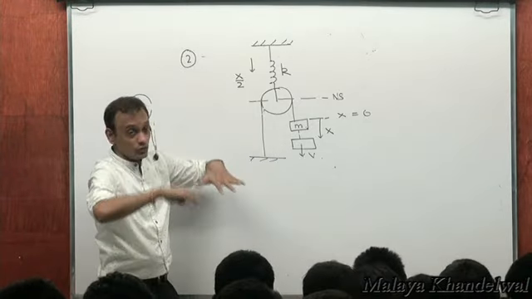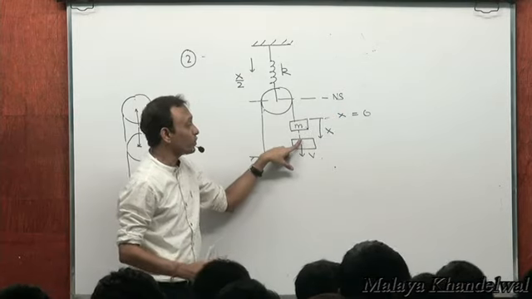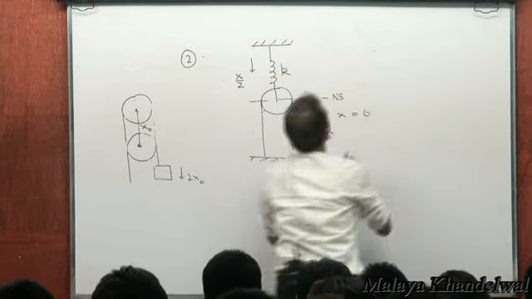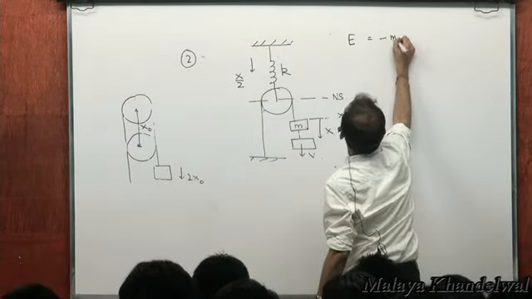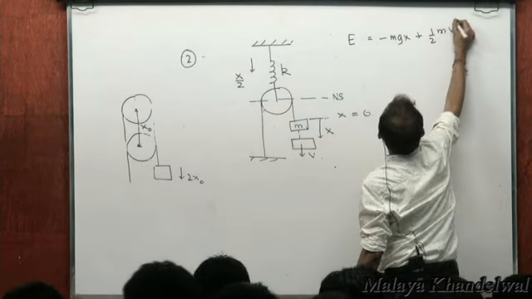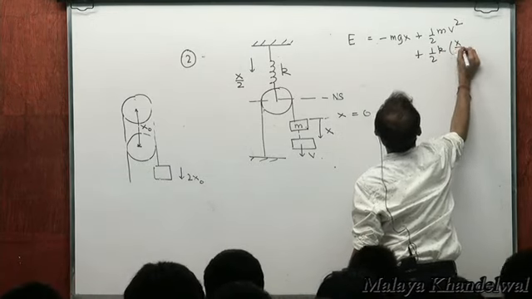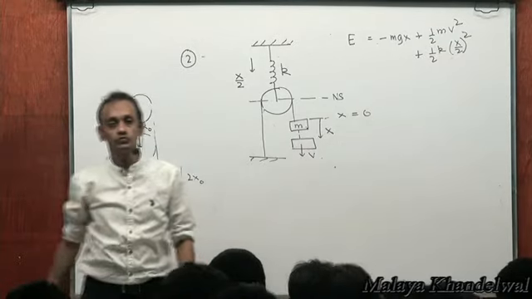Now, let this be the zero of gravitational potential energy. Then what would be the gravitational potential energy here? Minus mgx. So what would be the total energy at x? Minus mgx plus half mv squared plus half k x by 2 whole square. Yes or no?